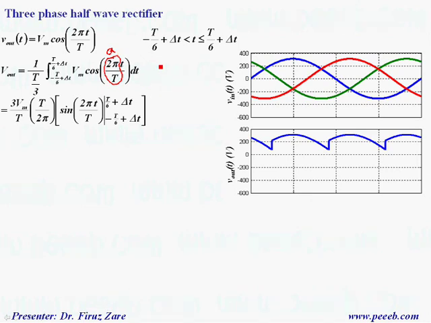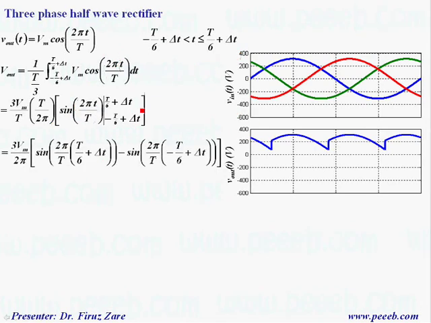The integral of cosine at dt is 1 over a sine at. So cosine at becomes sine at, with this factor 1 over a, and these are the lower and upper limits of the integral.